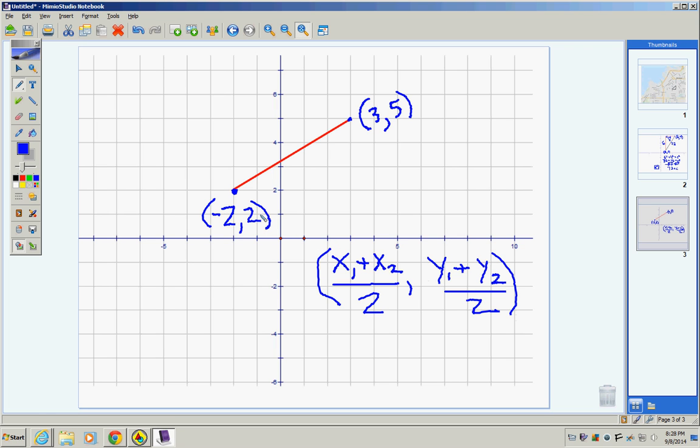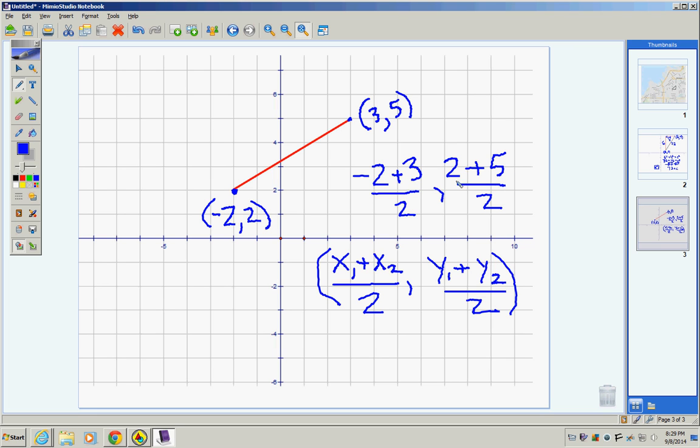Let's say when we do it right here, we take -2, that's our first x value, plus 3, our second x value, and we divide it by 2. Let's do the same thing with y's: 2 plus 5 and divide it by 2.